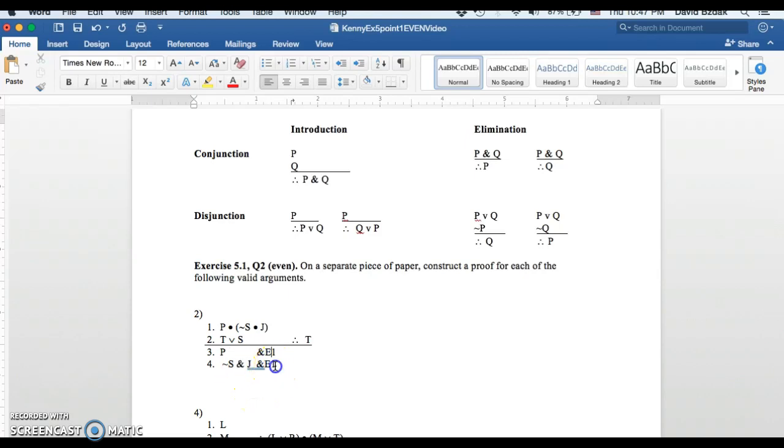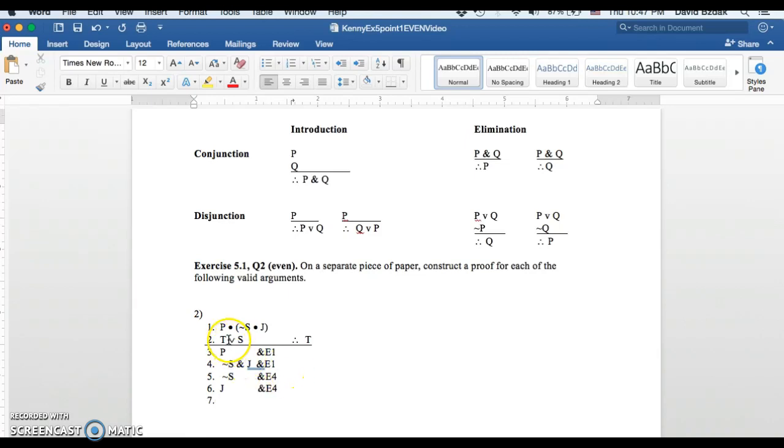Now this is a conjunction as well, so we can do the same thing here. We can get not S by itself, conjunction elimination of 4, and we can get J by itself, conjunction elimination of 4.